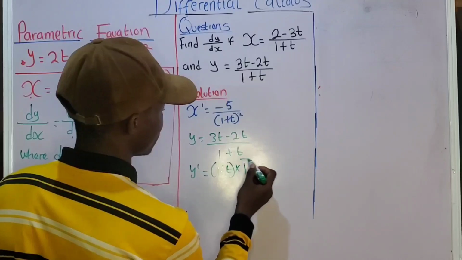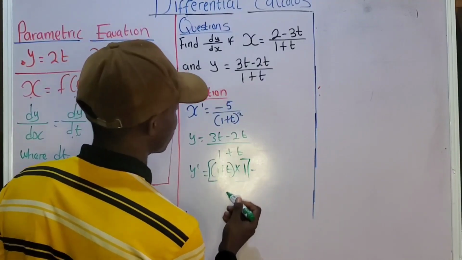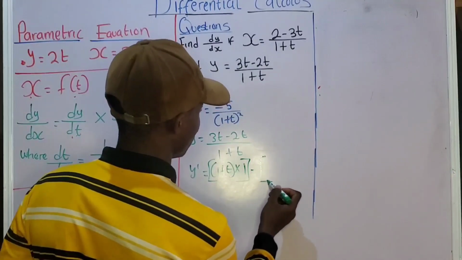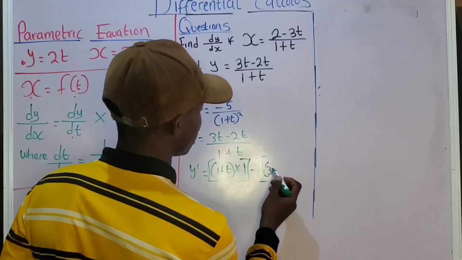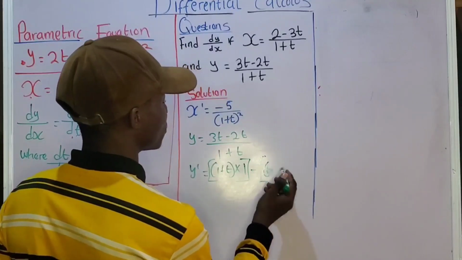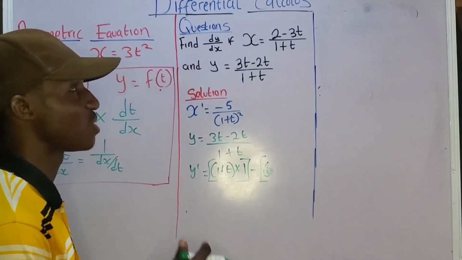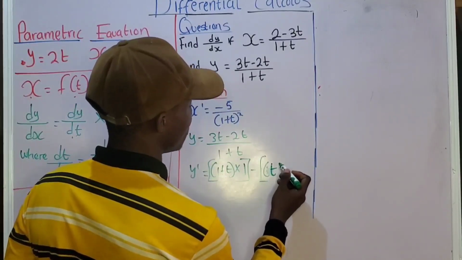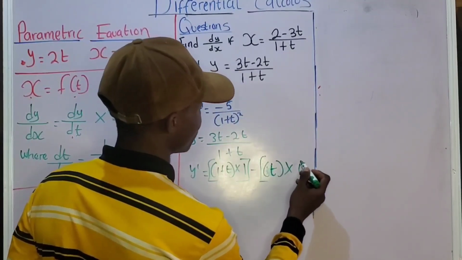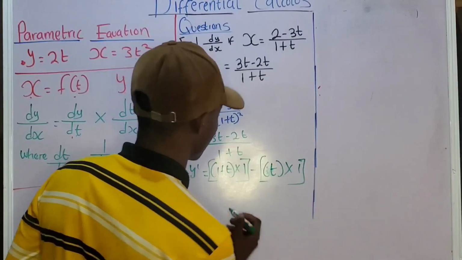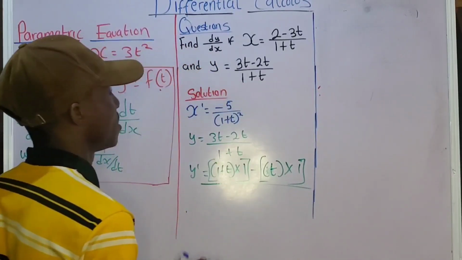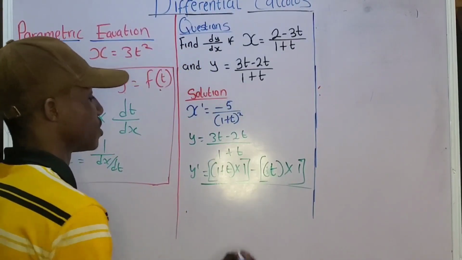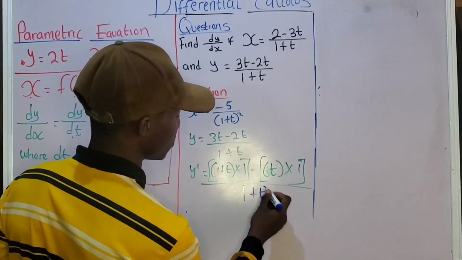So multiply by 1, minus 3t minus 2t. 3t minus 2t is what? Please pay attention. 3t minus 2t will give us t. You understand? So I'm going to have t multiplied by 1, all over 1 plus t squared.